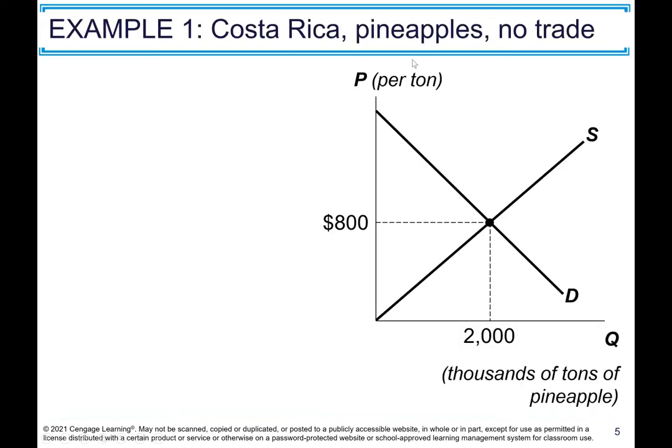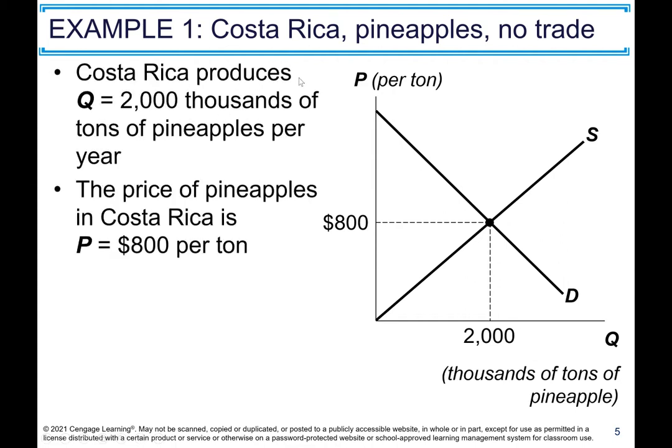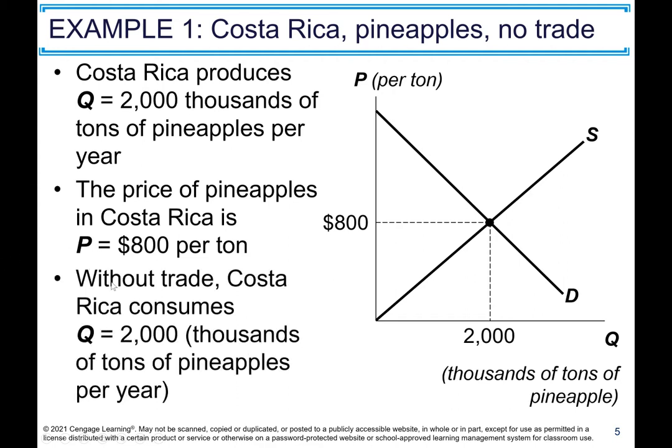Example 1, Costa Rica, pineapples, and there's no trade. Equilibrium price is $800. Equilibrium quantity is 2,000 tons. Costa Rica produces 2,000 tons of pineapples per year, and the price is $800 per ton.